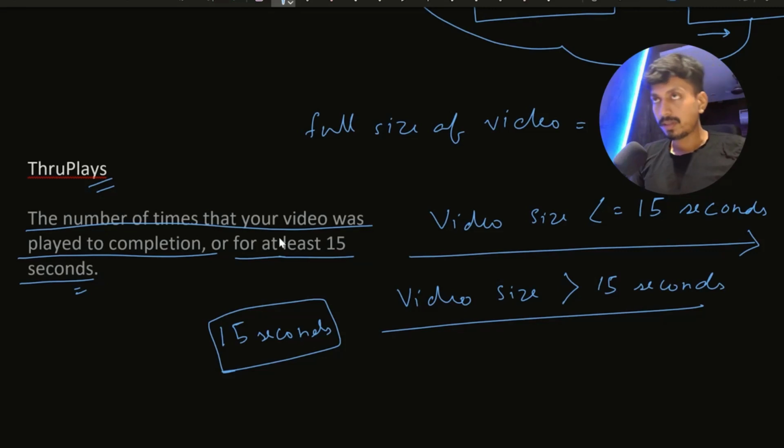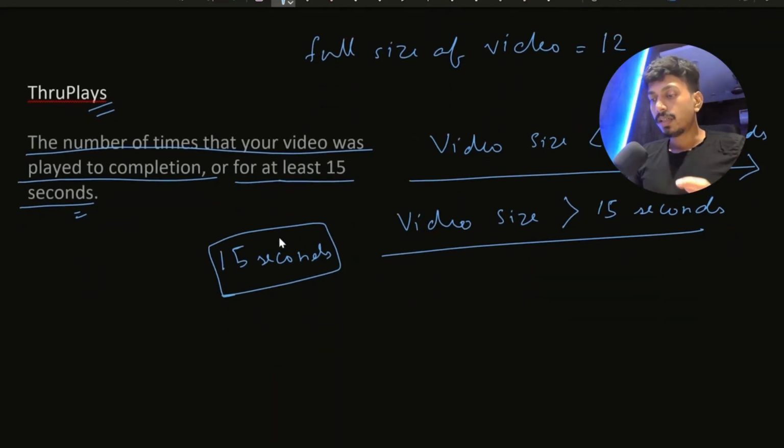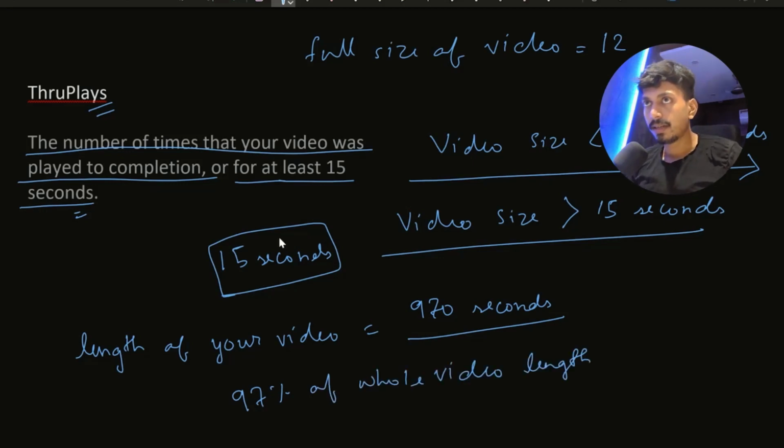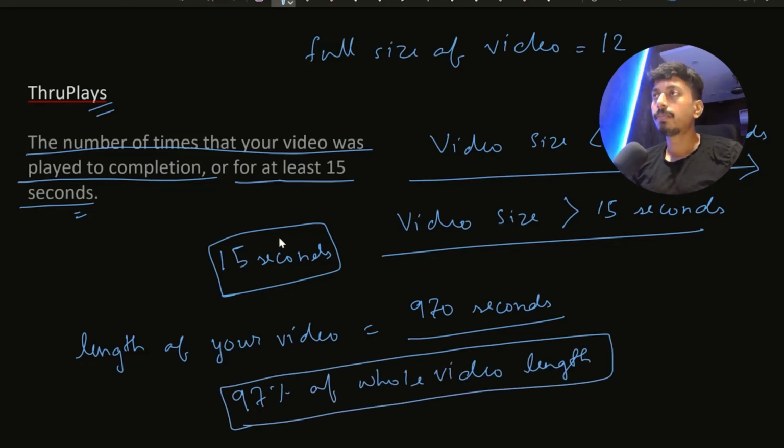Now, a very important thing you need to understand while measuring ThruPlays: Facebook has this idea of what the 100% is. They have defined it based on whatever the length of your video is. Let's say the length of your video is 970 seconds. What Facebook says is they will take 97% of the whole video length, and then they will count this as a complete view.